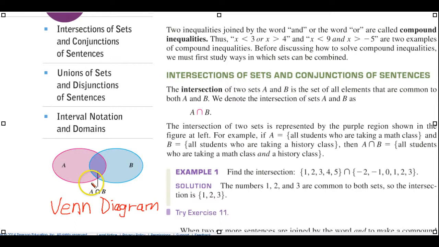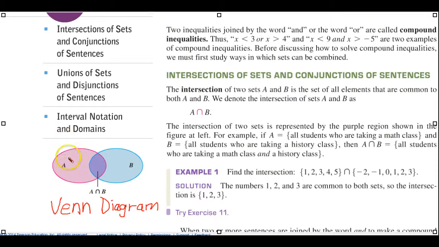If you have set A, and there would be various members in this set, and you had set B, and there would be various members in this set, what you would be looking for if they're asking A intersection with B are those members that are found in both sets that, in a sense, intersect.